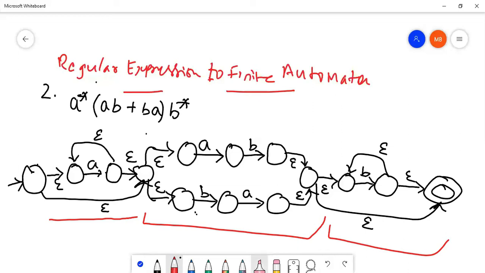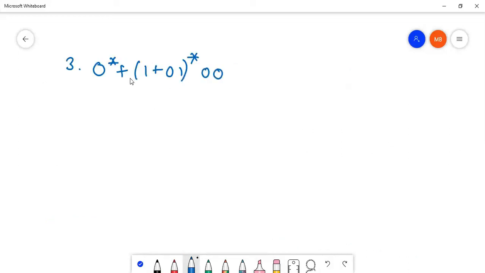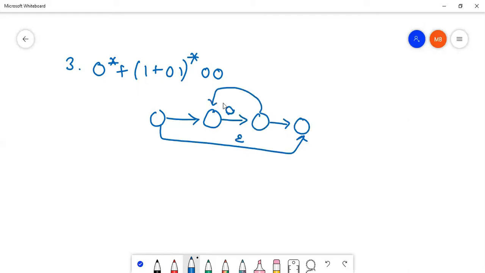We'll solve another problem. Check the question. It is 0 star plus 1 plus 0 1 whole star followed by 0 0. Sigma is changed. So let's start with 0 star. This is for 0 star.